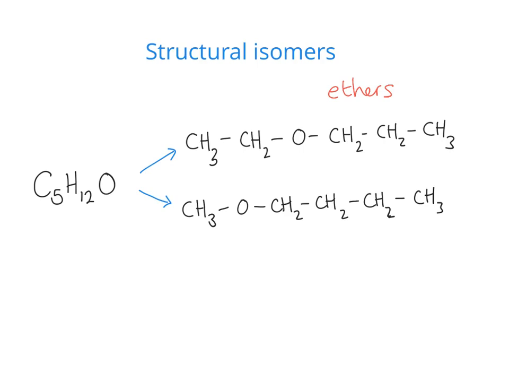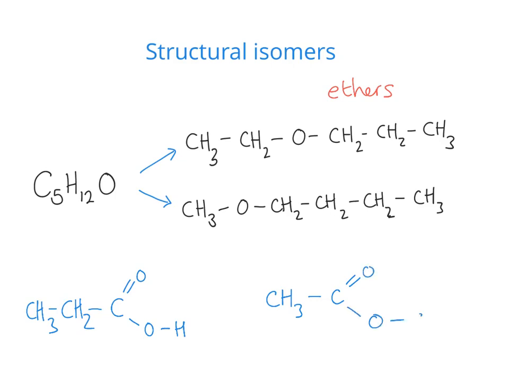One thing that you will come across though, which is much more commonly talked about, is when you look at carboxylic acids in a little bit more detail. So this molecule, for example, is propanoic acid, 3 carbons with a carboxylic acid group at the end. Carboxylic acids are isomers of esters.